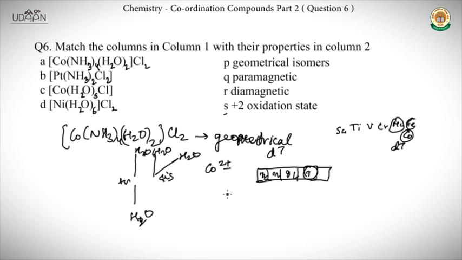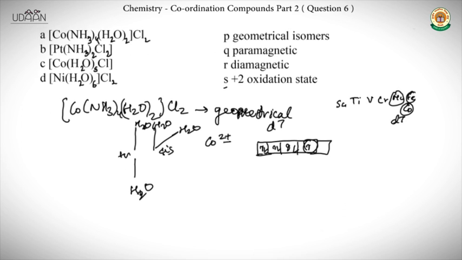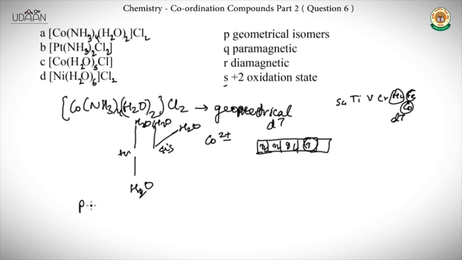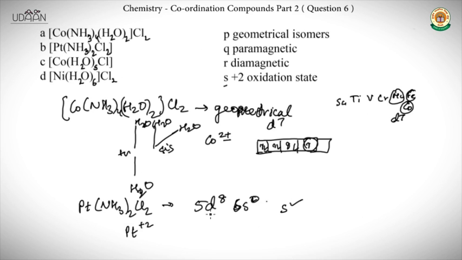It has to be paramagnetic because we have 1 unpaired electron in this case. For the next option, we have Pt(NH3)2Cl2. We know that platinum is 5d8 6s0 because it is Pt2+. It's got 2 Cl and 0 outside, so that is why S has to be correct. Again, it has to have geometrical isomers because it can be cis or trans.